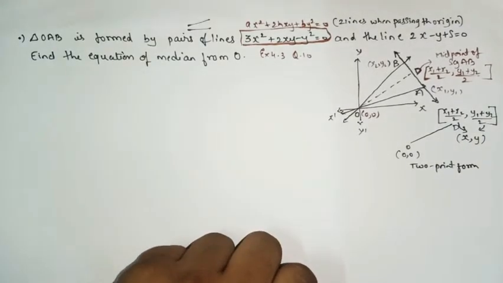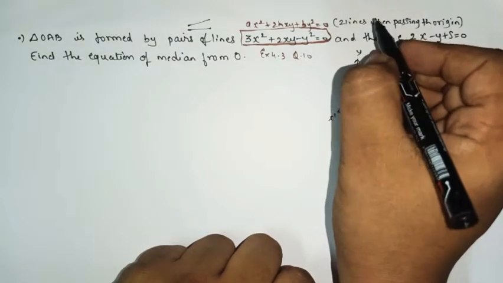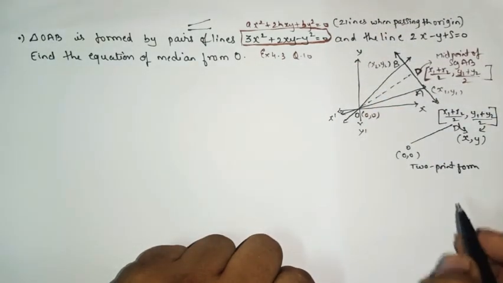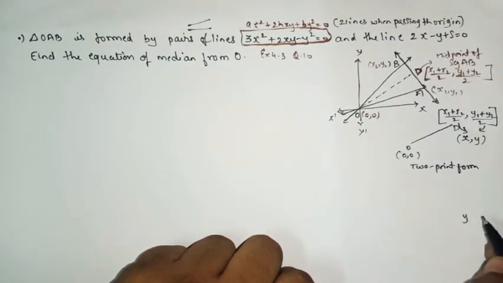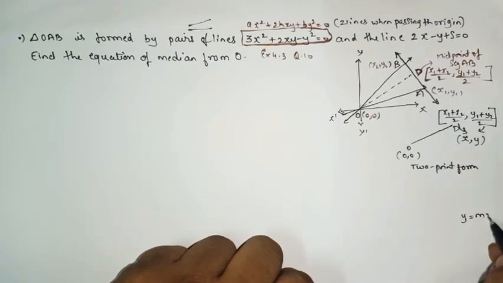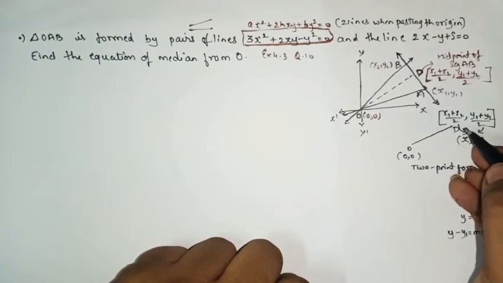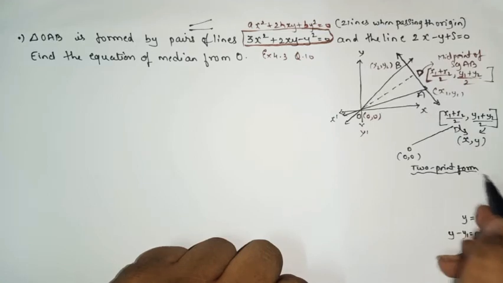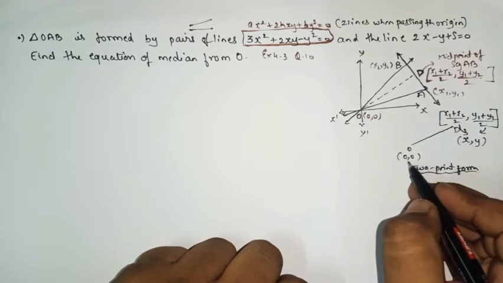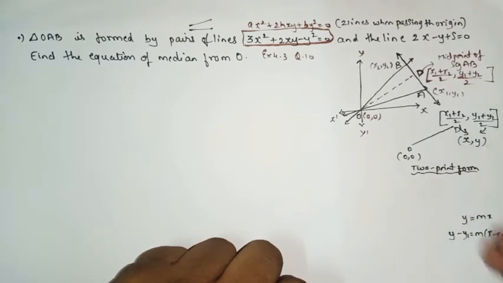Basically we used to apply only two formulas. One is y equal to mx, and the second one was y minus y1 equal to m into x minus x1. But here we'll apply the 2-point form. We'll consider one point as x1, y1 and the second point as x2, y2.